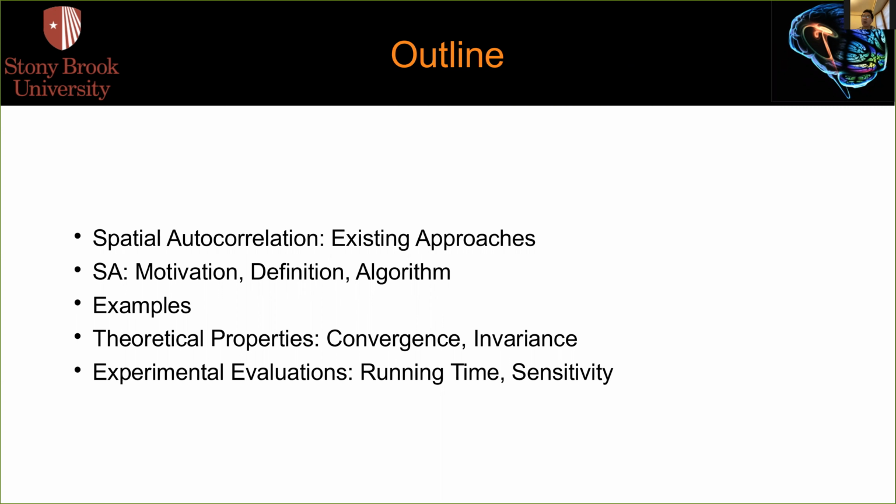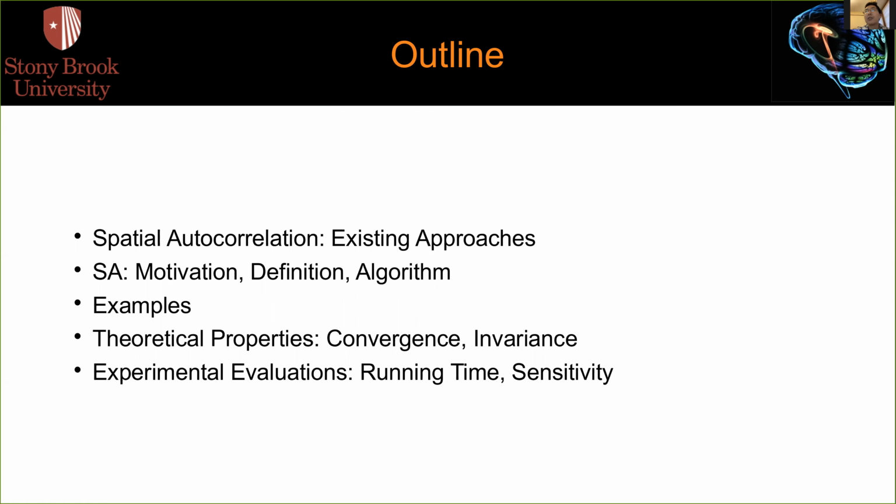So first, I'll give a brief description of spatial autocorrelation as a statistic, some of the existing approaches and their problems. And then after that, I will describe the SA, or our statistic, the intuition behind it, its formal definition, and the algorithm for computation.